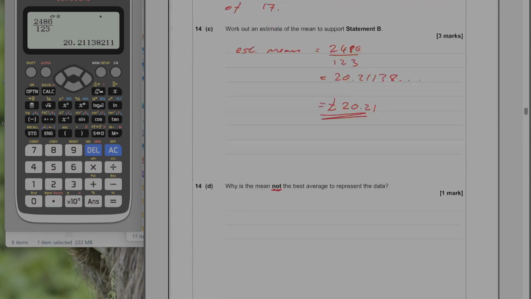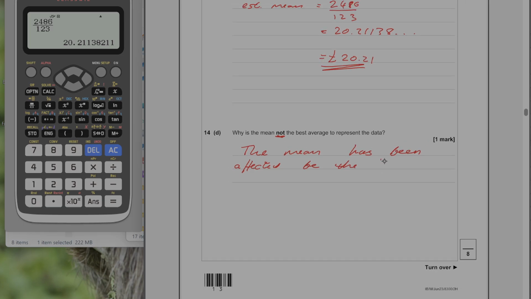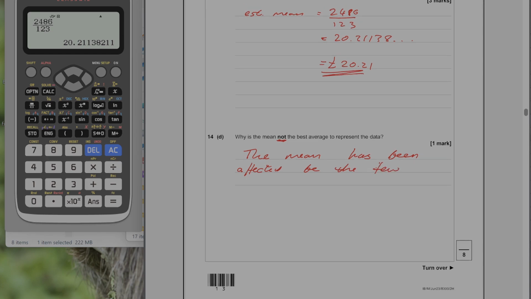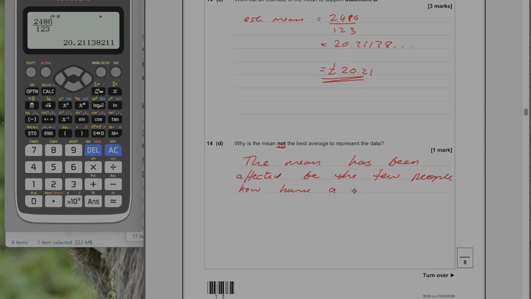So the mean has been affected by the few people who have a very high hourly rate.